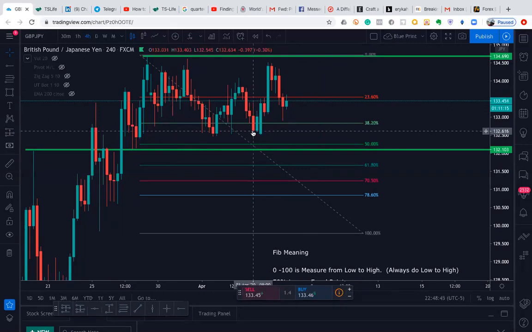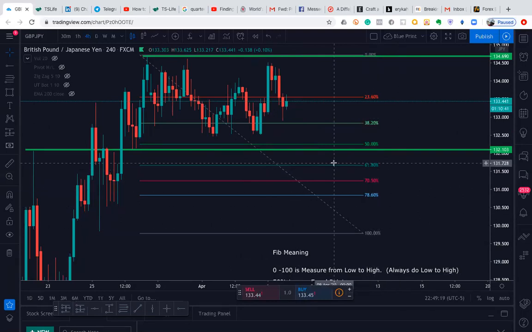This candle right here did not close below 38.20. It closed above 38.20. Remember, I take that back. Price finally closed here on this candle above 38.20. So you want your second candle to close below 38.20.